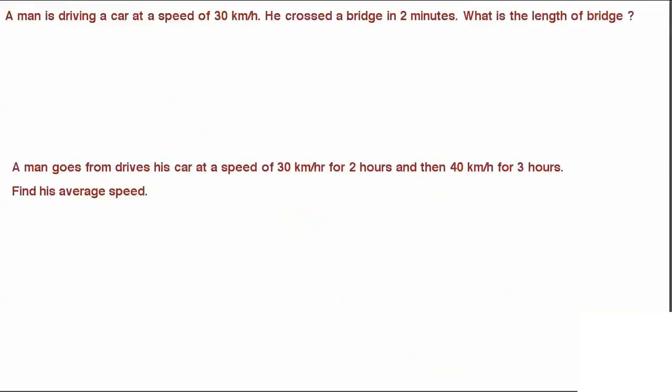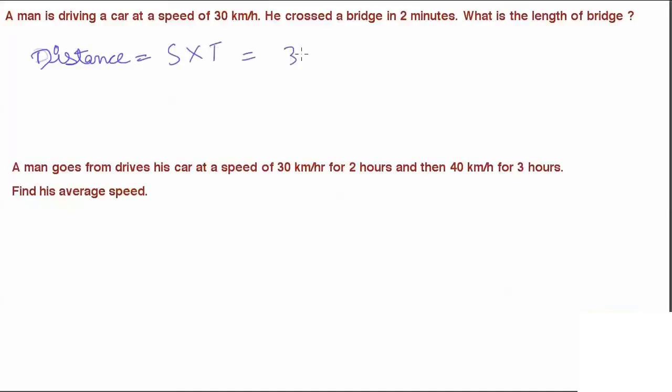Let's do a simple question. A man is driving a car at a speed of 30 kilometers per hour. He crossed a bridge in 2 minutes. What is the length of bridge? So the simple formula to find the distance is distance is equal to speed multiplied by time.